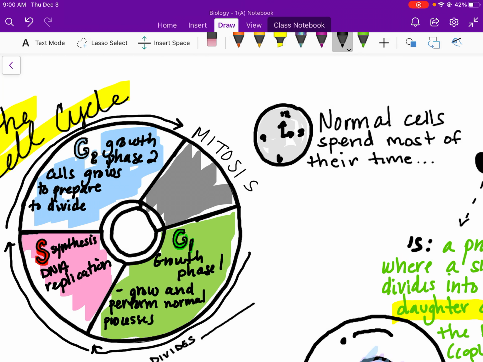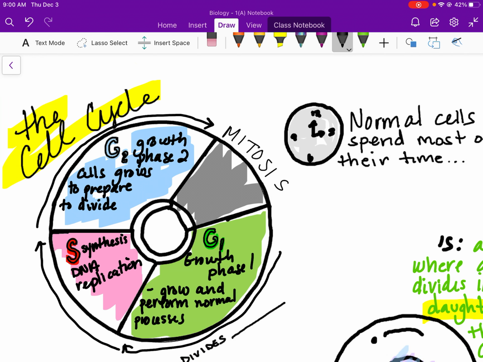So as we're moving from growth phase 2 into mitosis, we have our phases of mitosis. Here I'm going to draw a line, we've got prophase. Then we go into metaphase. Then we get into anaphase and telophase.